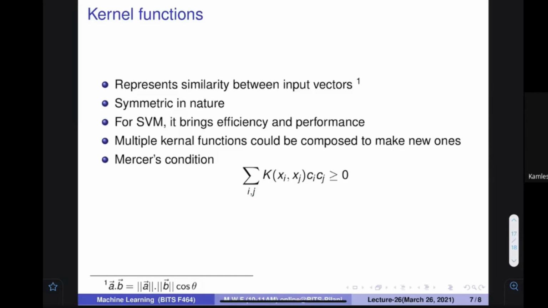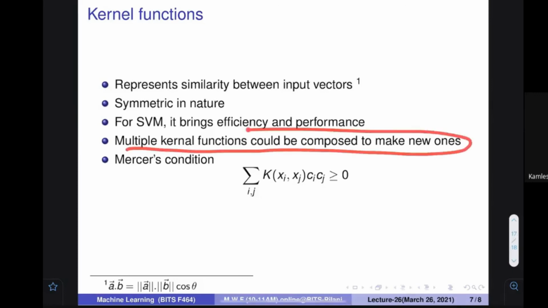So we have seen today that kernel functions represent the similarity between the input vectors when they are projected into the higher dimension space. They are symmetric in nature. It brings efficiency and performance, and multiple kernel functions could be composed to make new ones.